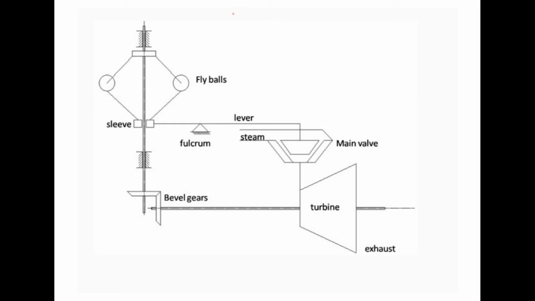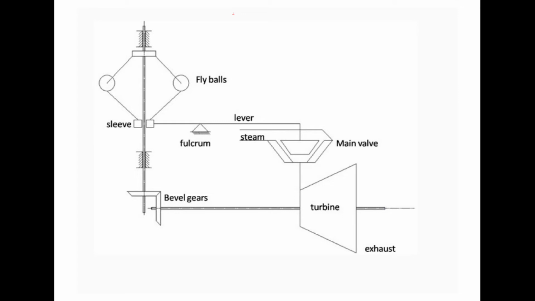So while the sleeve is moving upward, automatically that lever will stop the steam flow through the stopper or valve in order to control the steam supply to the turbine. So automatically the turbine rotor speed will be reduced and controlled according to the required speed, and further the steam exits through the exhaust port.